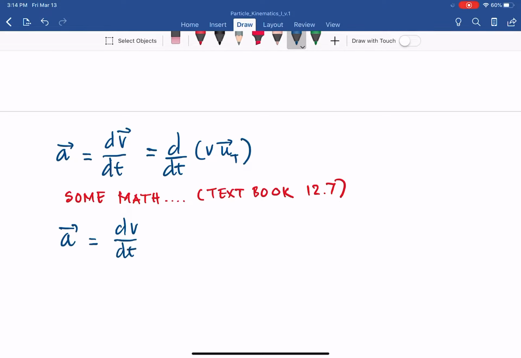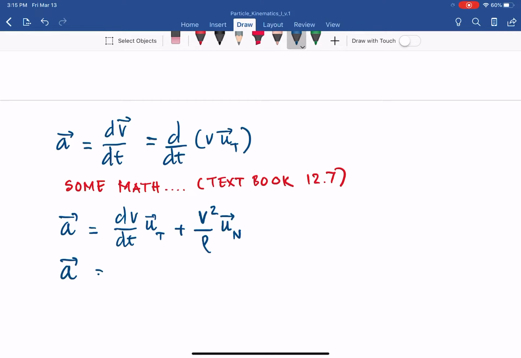So what is rho? We have two components there, so let me rewrite it and show it in the graph. I call dv over dt the at, tangential to the path, and to have a vector I put the unit vector there, tangential to the path.